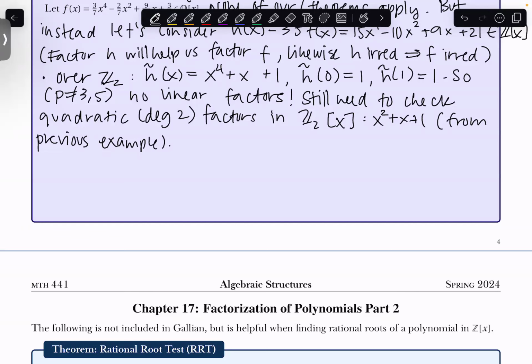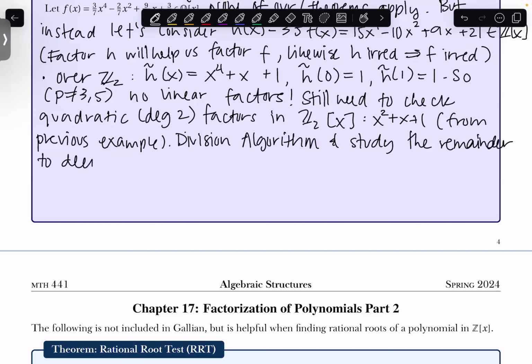Yep, whatever my remainder is completely determines if what I divided by was a factor or not. If my remainder was 0, that means I can write it as that factor times q. If my remainder is non-zero, I have to add it by something, and so it's not going to give me a factor back out. Okay, so here I'm going to use my division algorithm and study the remainder to decide if it's a factor or not.